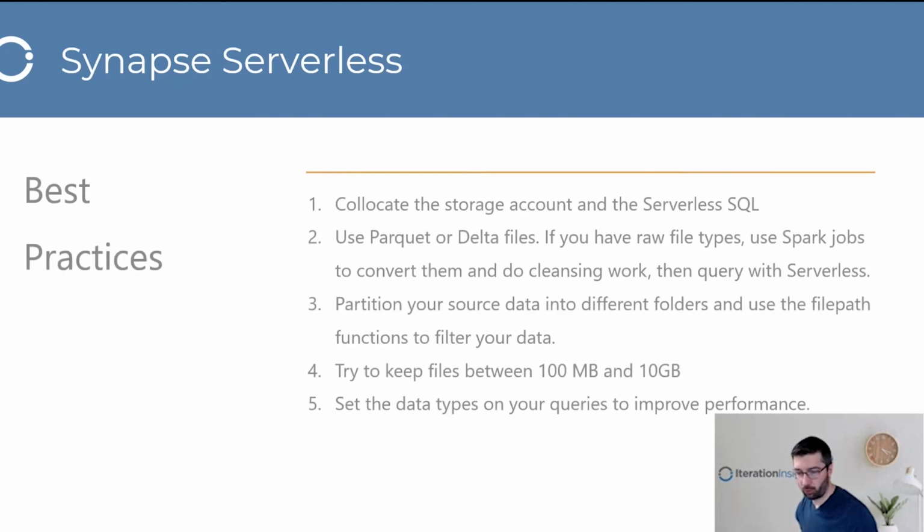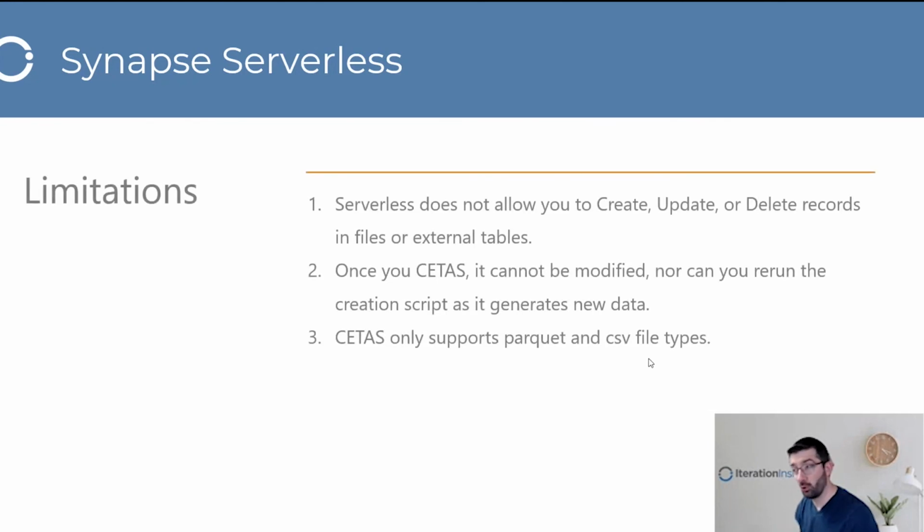CETAS only supports a couple of file types as well. So you can only have CETAS on Parquet and CSV file types. So just be very careful with that type of thing. You can't use CETAS for Delta Lake yet, although I believe that is a requested feature that's out there. And then you can't do it on ORC files or anything like that.